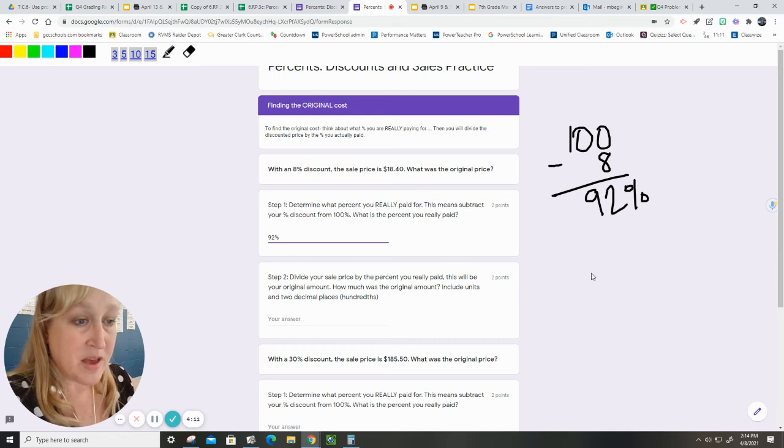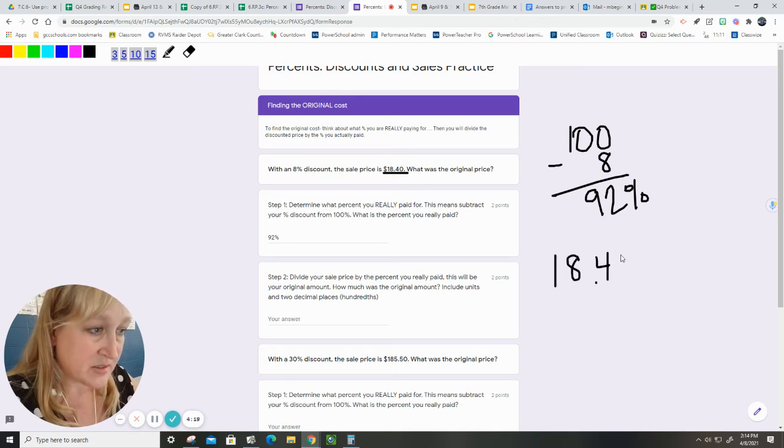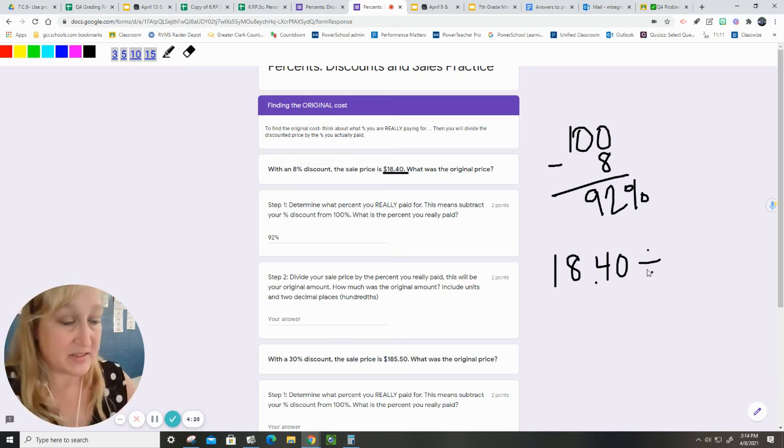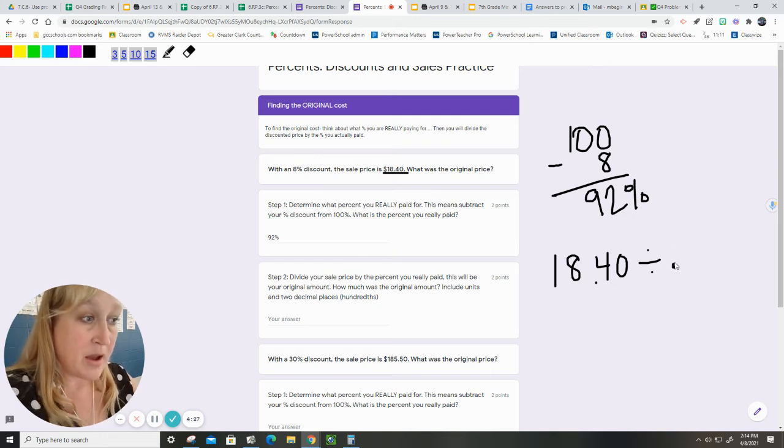Now, that means I'm going to take my sale price, which was $18.40, and we are dividing, since we're dealing with going backwards, basically, dividing by the 0.92 that I paid.